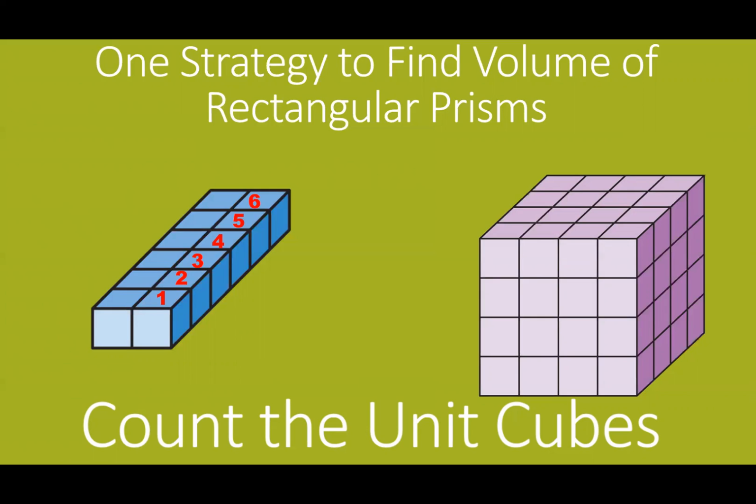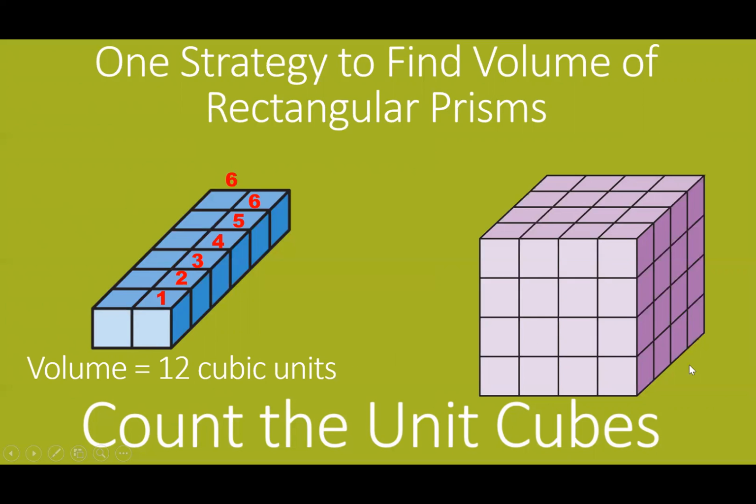Now you can clearly see that the left-hand side of the figure is identical, right? It's congruent. So since there are 6 there, we're going to have 6 on the other side as well. So altogether, the volume is 12 cubic units. And it's called cubic because they're made of cubes. We're counting how much space those cubes take up.